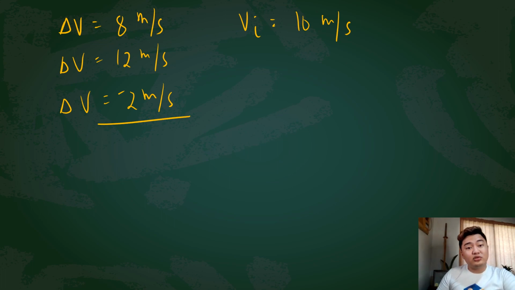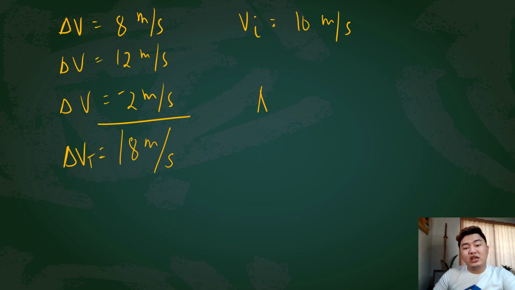You need to solve for the total area, and how much is that? That's 18 meters per second. Because 8 plus 12 is 20 plus negative 2, then that's 18 meters per second. So this is the total change in velocity.